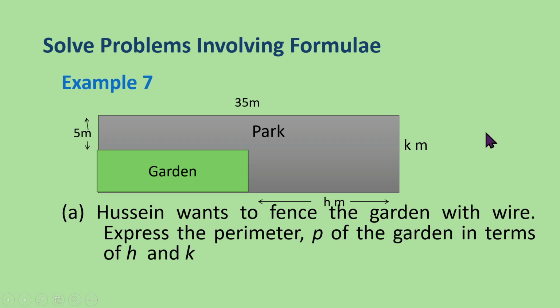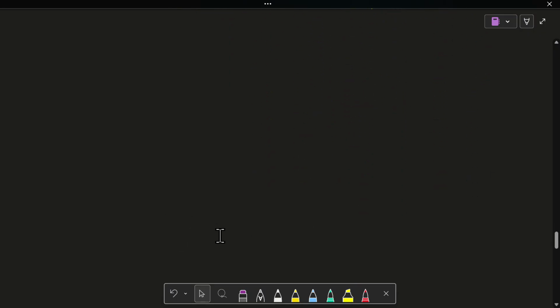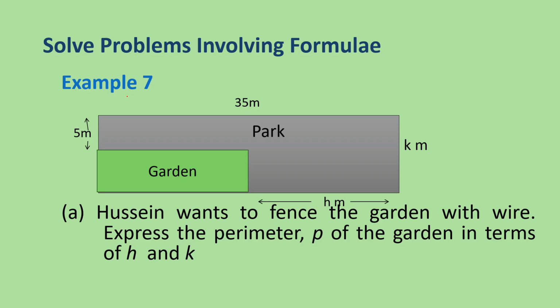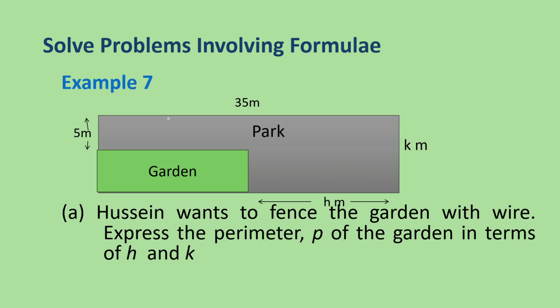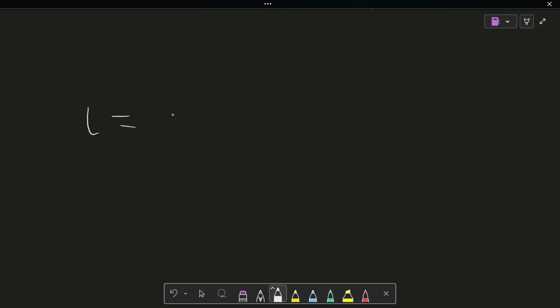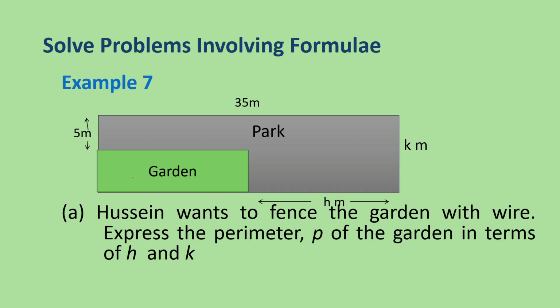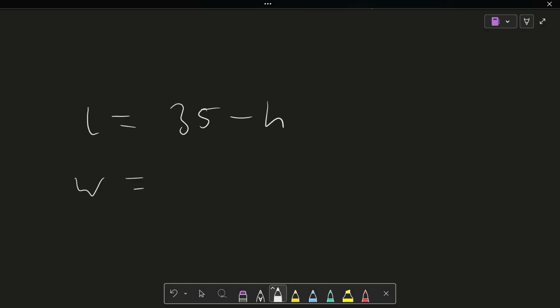So the length here would be 35 minus h, and the width here will be, that's not length.